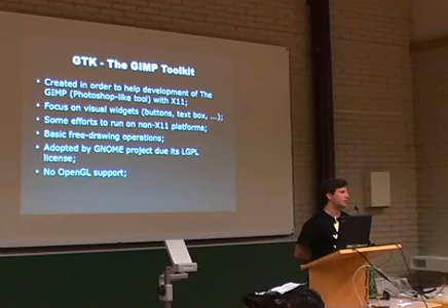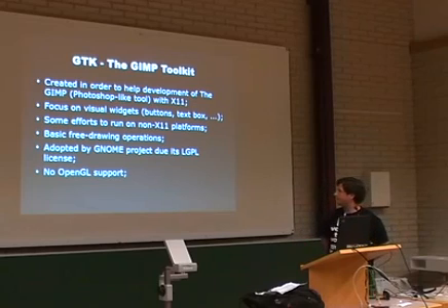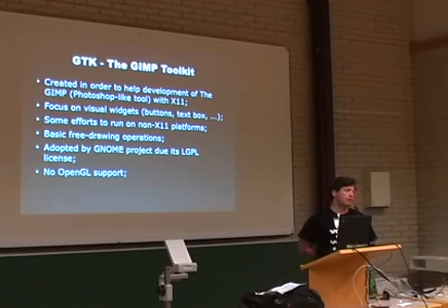This brings some problems in the simulator, mainly due to the transparency effects that X doesn't support without an extension called Composite. GTK just provides basic drawing operations, so you can't handle any fancy vector graphics with it.